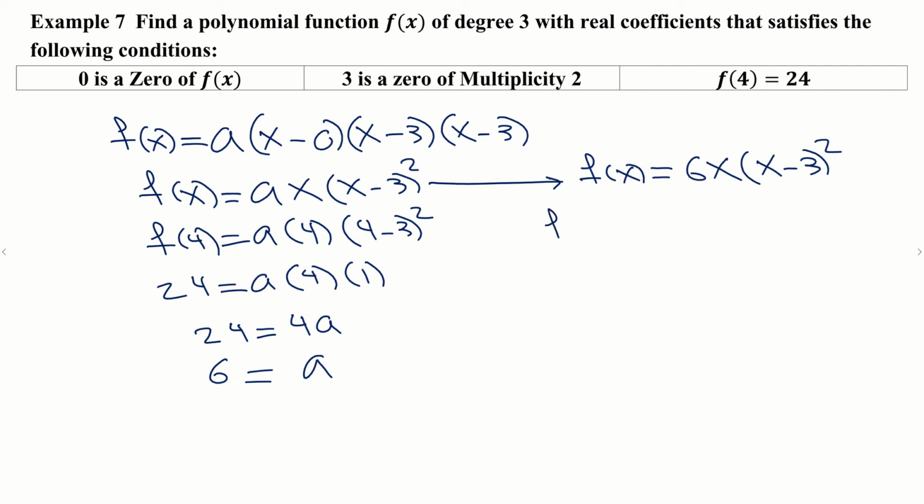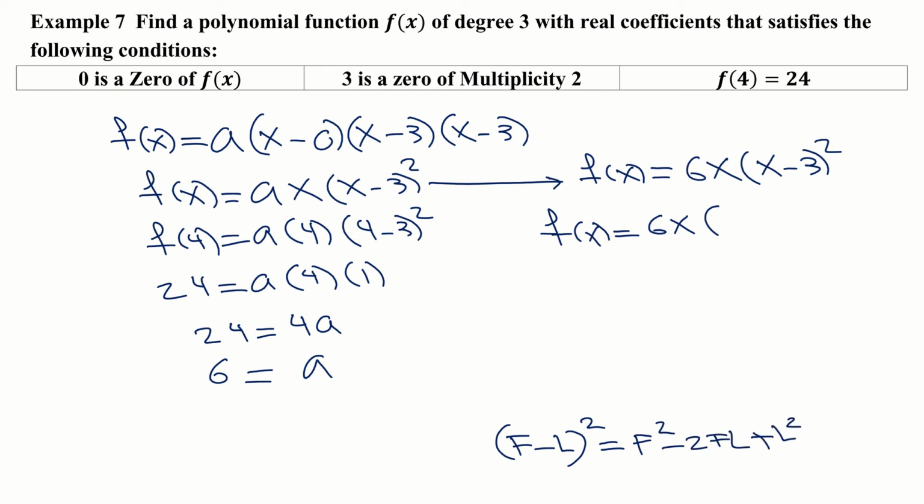So we get f of x equals 6x times, we're going to go ahead and square x minus 3. Remember the formula, quantity f minus l squared equals f squared minus 2fl plus l squared, right? So we get x squared minus 6x plus 9.